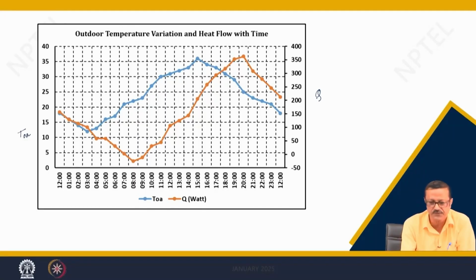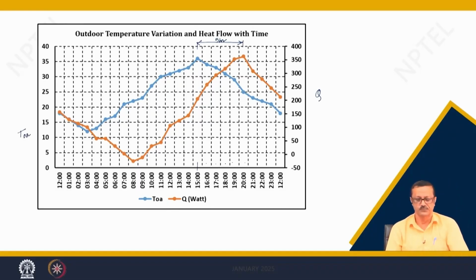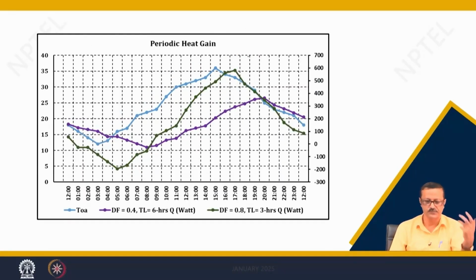So, you see there is a shift, the highest peak temperature is at 15 hours solar air temperature, but there is a shift of 1, 2, 3, 4, 5 hours almost, and the peak is also going to be over there, 350 or something like that. So, I did it for 2 combinations.